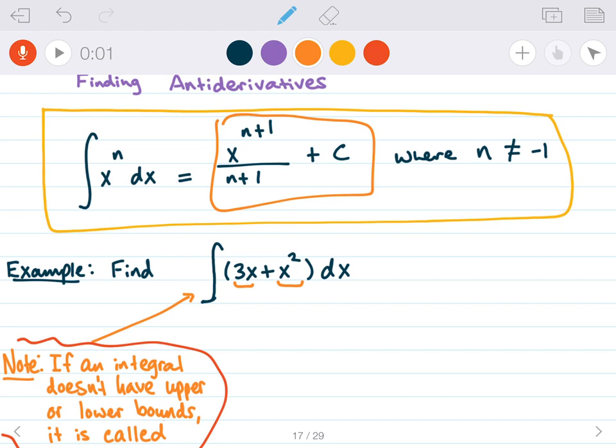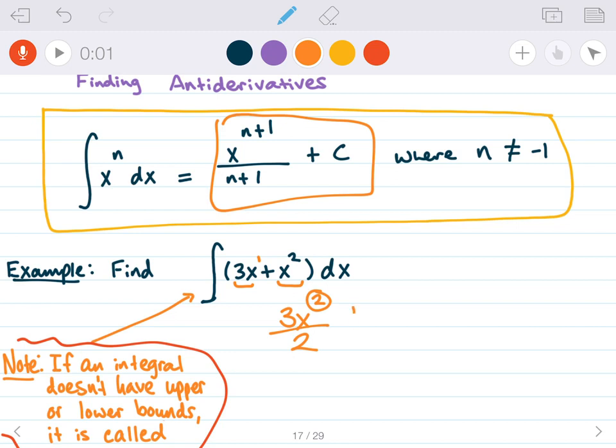Okay, so for this one, if I'm trying to integrate this, or find the antiderivative, I'm going to add 1 to this first exponent. So that's going to give me 3x squared, and I'm going to divide by whatever I got when I did that, which is 2. All right.